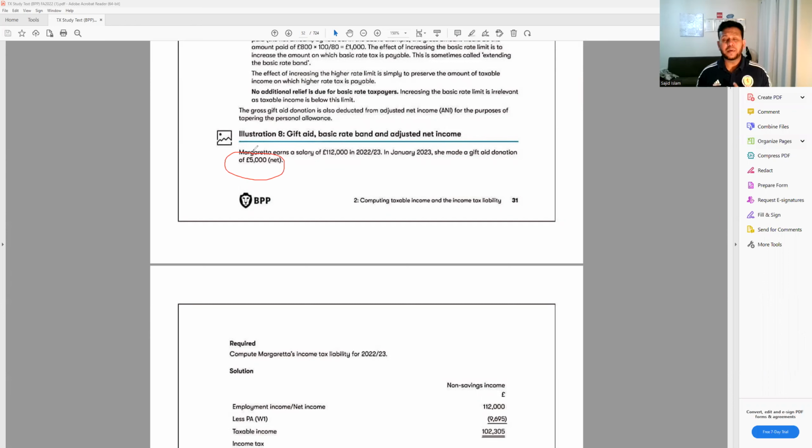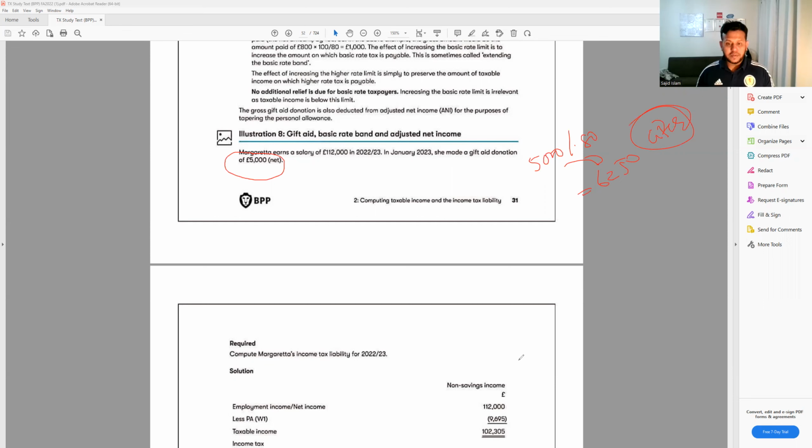When you gross it up, you have to make it 100%. So if 5,000 represents 80%, you gross it up by dividing by 0.80. So 5,000 divided by 0.80 gives us 6,250. From the net, you have to make it gross. The way we gross up VAT, we do the same thing here as well.